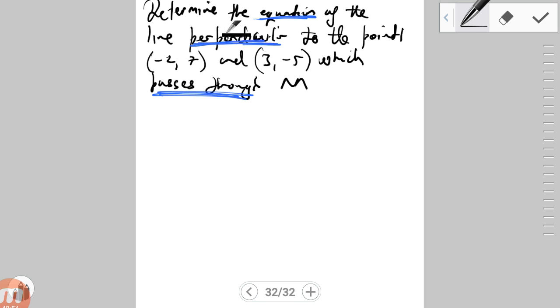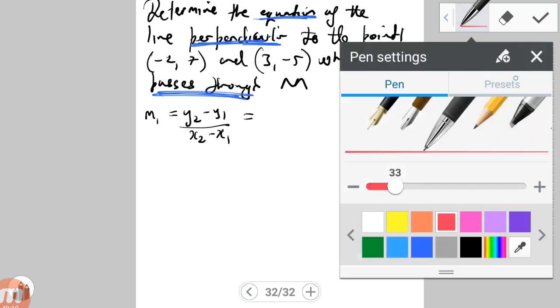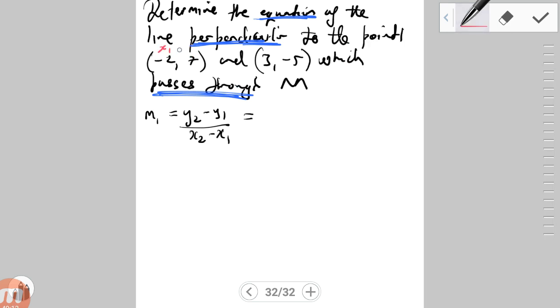So with the word perpendicular, that implies that we need to find the gradient. Alright, so that's m1 is equal to y2 minus y1 over x2 minus x1. So y2 here works out to be, let's label our points as usual, x1, y1, x2, y2.